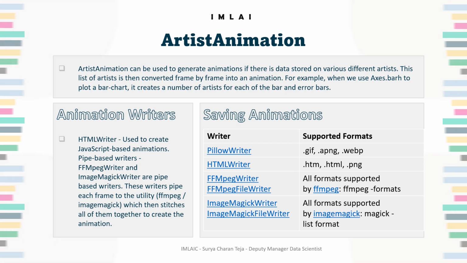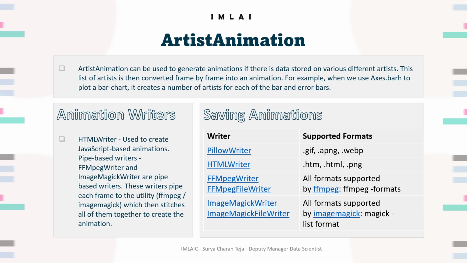FPS determines the frame rate that the saved animation uses, whereas interval determines the frame rate that the displayed animation uses. So let's save that.